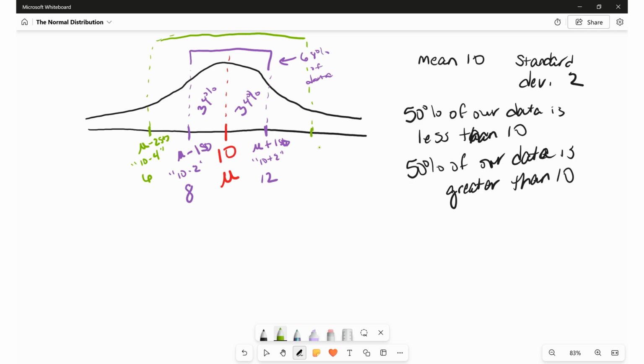And this over here is going to be mean plus 2 standard deviations, or 10 plus 4, which is going to be 14. And this green section, remember, is going to be 95% of the data.